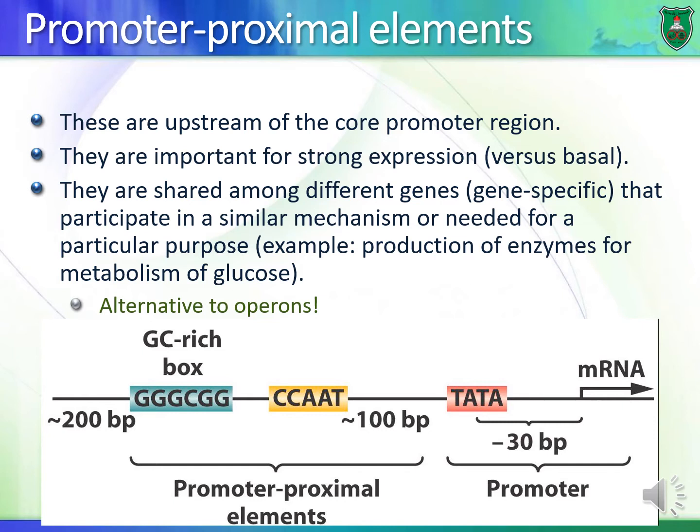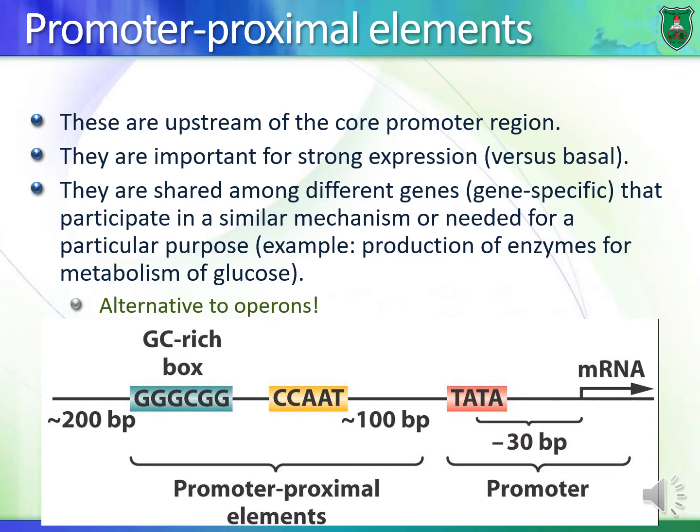Now, genes have something known as promoter-proximal elements. So whenever you hear the word element, you know we're talking about a DNA or RNA sequence. Now, these regions are located upstream of the core promoter, and they are important for strong expression. So if we don't have them, can we have expression?